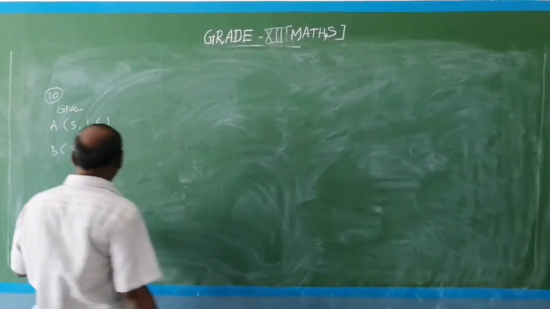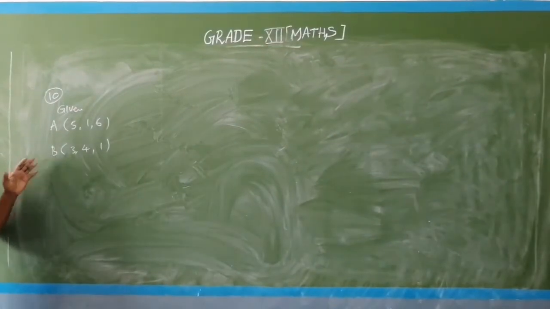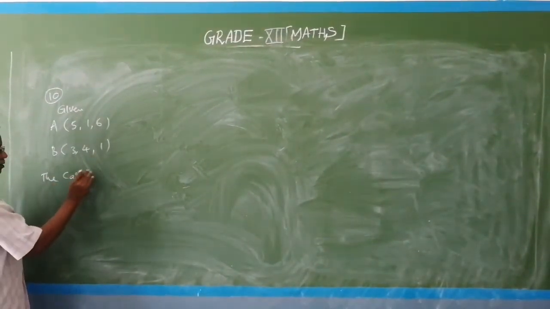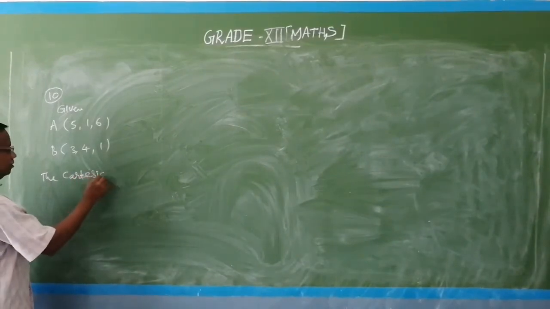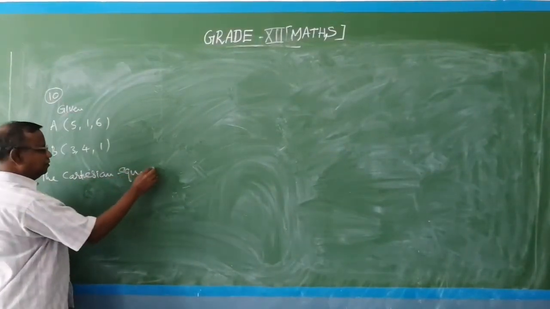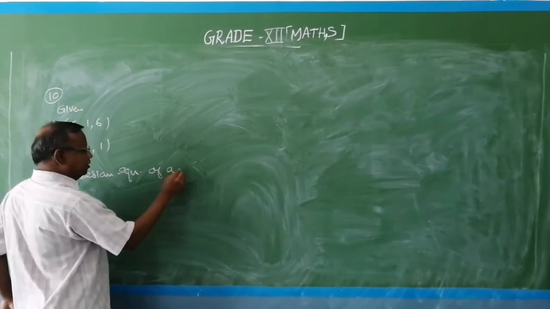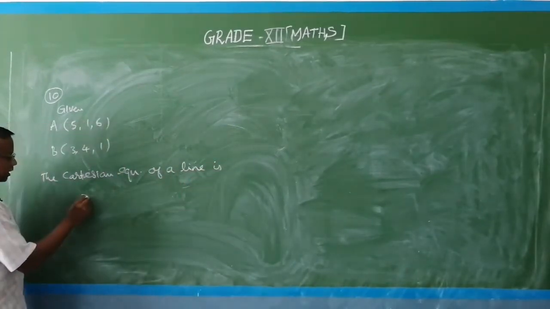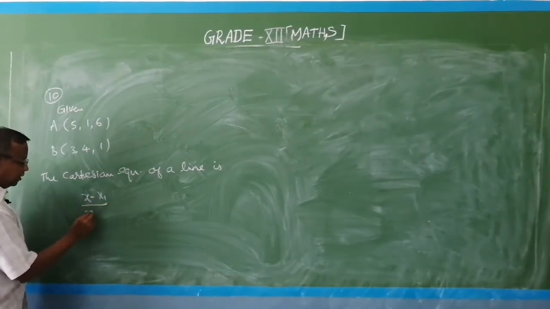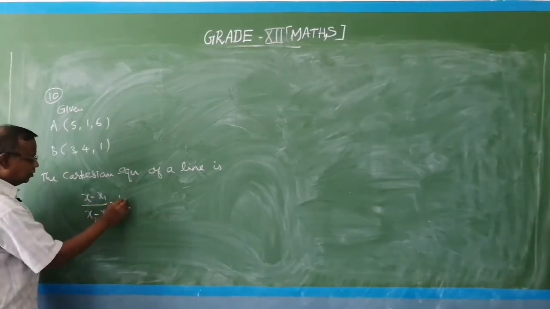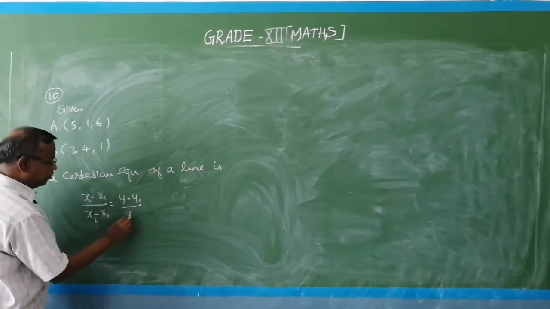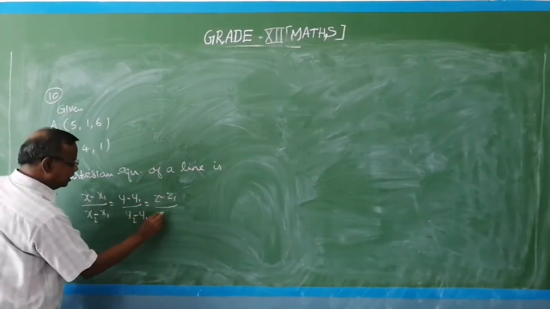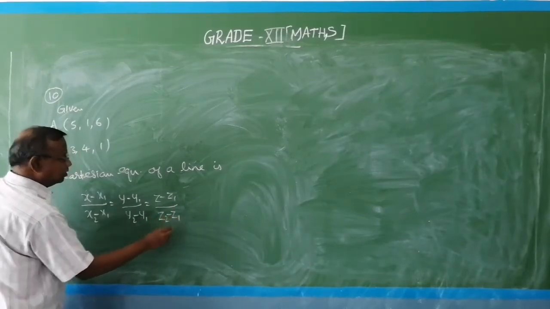Now, we know that the Cartesian equation of a line passing through two points is x minus x1 by x2 minus x1 equal to y minus y1 by y2 minus y1 equal to z minus z1 by z2 minus z1.